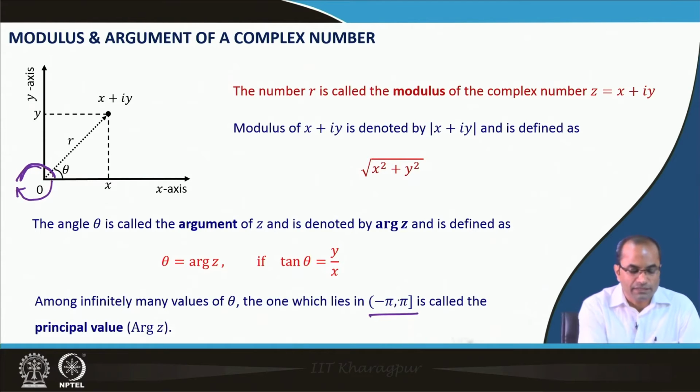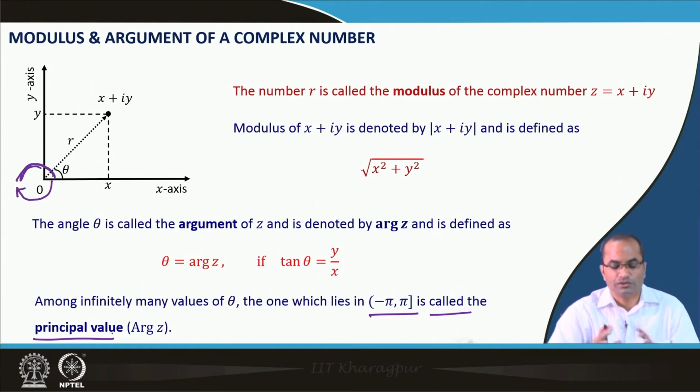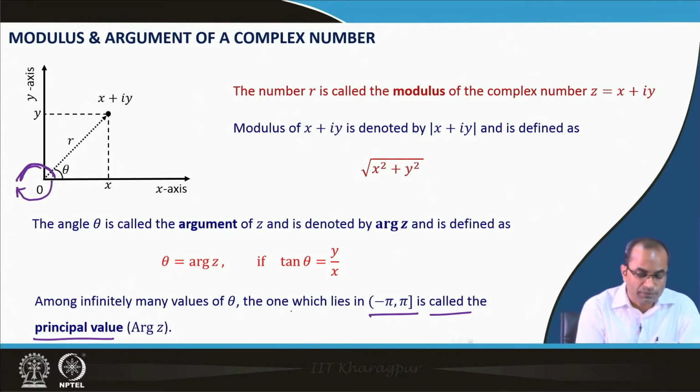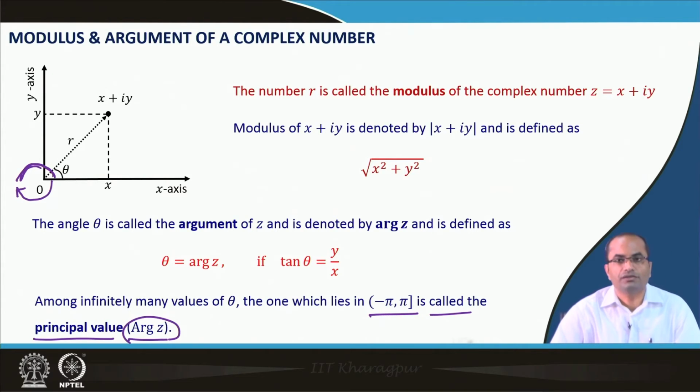So, any theta we can have between minus pi and pi, and this is what we call the principal value. This theta, between minus pi and pi, is called the principal value of the argument, which is usually denoted by capital A, R, G, z.